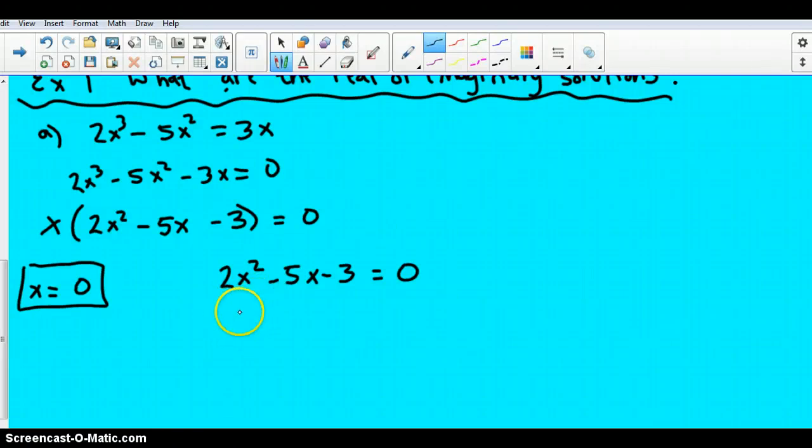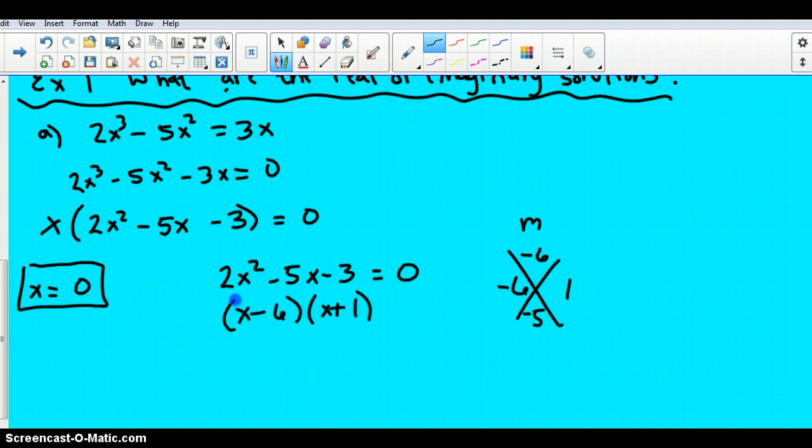So some of you just figured out that you could factor. They have to multiply to -6 and add to -5. What two numbers? -6 and 1. So I have x minus 6, x plus 1 equals 0. But what do I have to remember to do? Divide by 2. And I have x minus 3, 2x plus 1 equals 0.